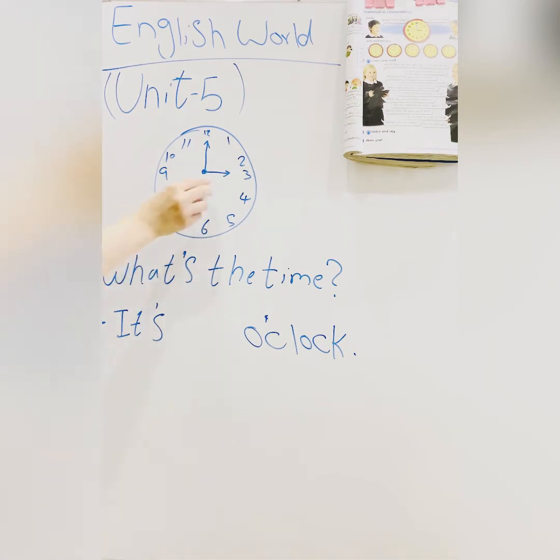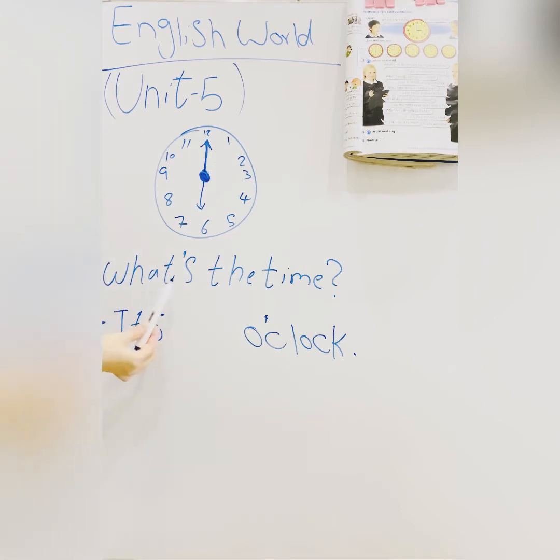Okay, let's change here. For example, like this, here we have two lines, the tall line and the short line. The tall line is on the 12, for example, and the short line is on 6. So how do we make the question?